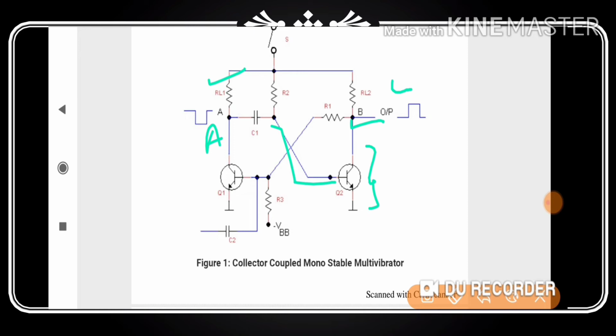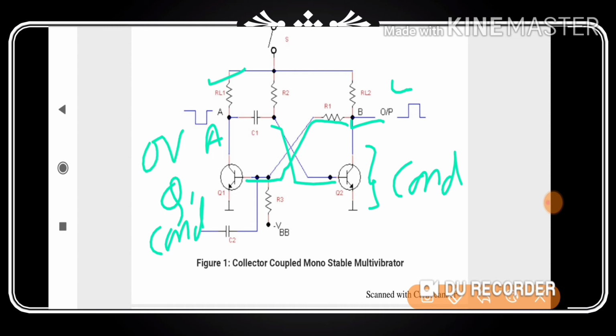The positive going signal at B is fed to the base of transistor Q1 via R1, where it increases its forward bias further and Q1 conducts more. The potential of point A approaches 0 volts.